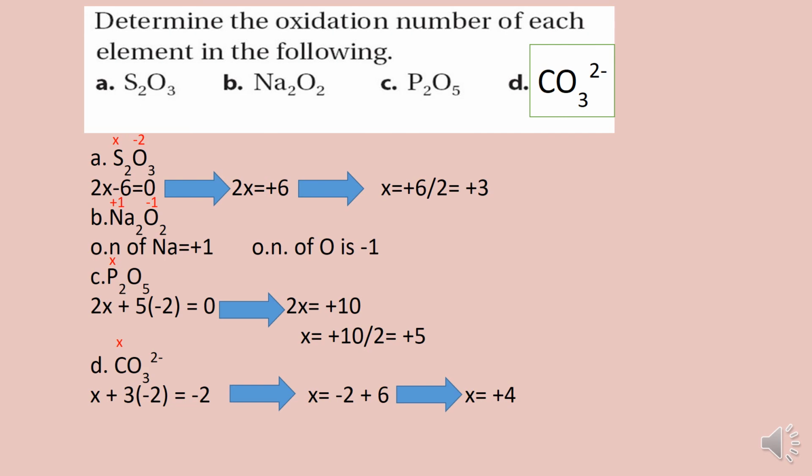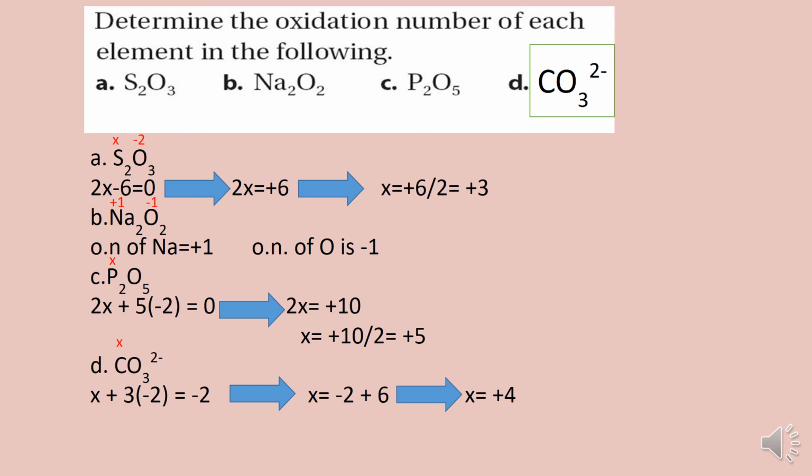The oxidation number of phosphorus is x, and the oxidation number of oxygen is -2. So you solve 2x plus 5 times -2, the sum of them equals 0, and you can calculate for x. 2x equals plus 10, so 1x is plus 10 over 2, and it is equal to plus 5.